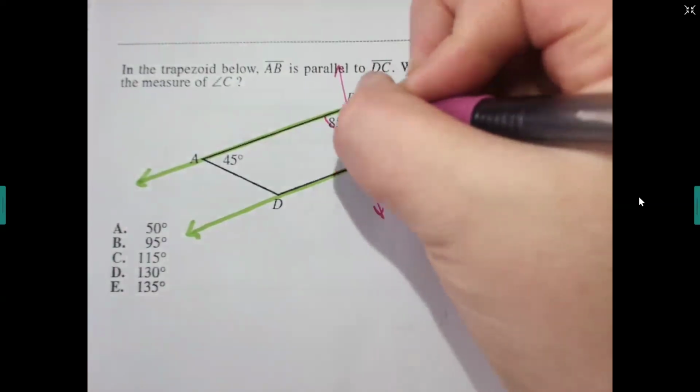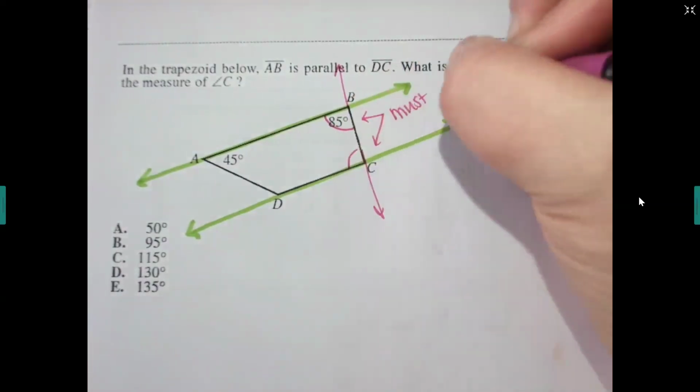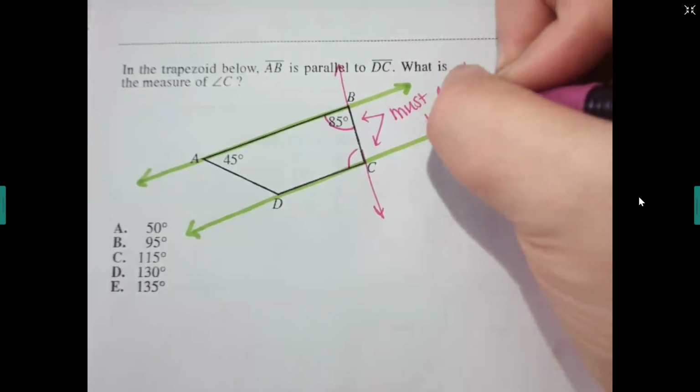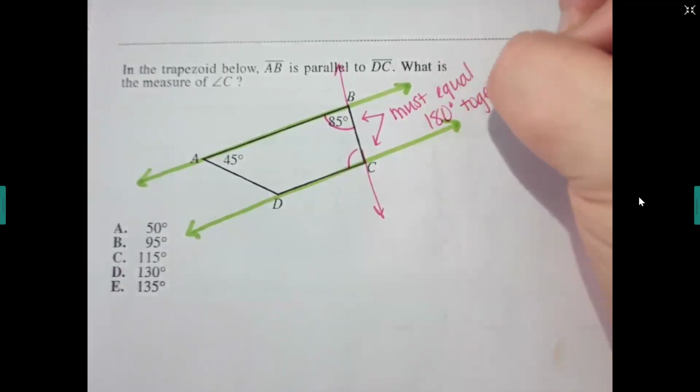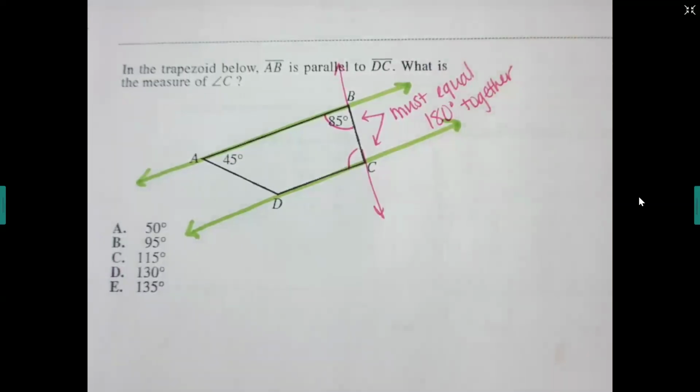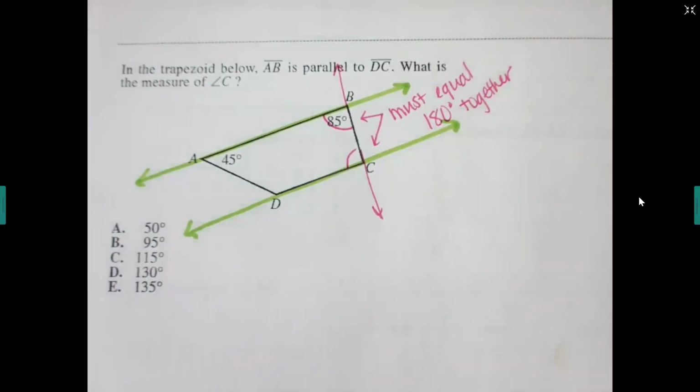These have to add up to 180. So if you do 180 minus, then you'll know how big angle C is. Now, if I wanted this one, what would I subtract from 180? Its partner would be the 45. So alternate interior angles should add up to, or wait, this is actually same side interior. It doesn't matter. They add up. So then it would be 95.